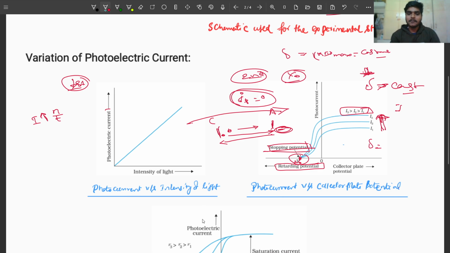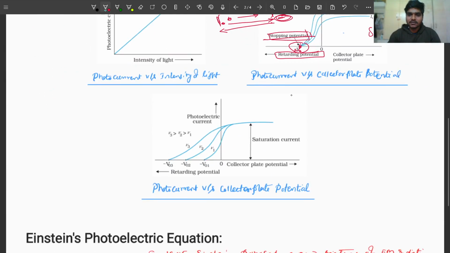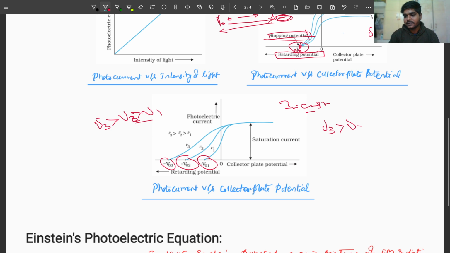V0 potential. But in the third curve we see we kept the intensity constant, and we take different values of illuminated light in this curve. So nu 3 greater than nu 2 greater than nu 1, and we got different retarding potentials, because as nu 3 is greater than nu 2, the kinetic energy of electrons for that frequency will also be greater.